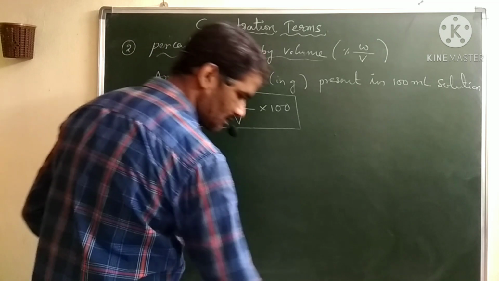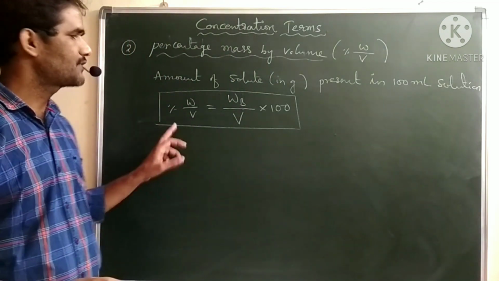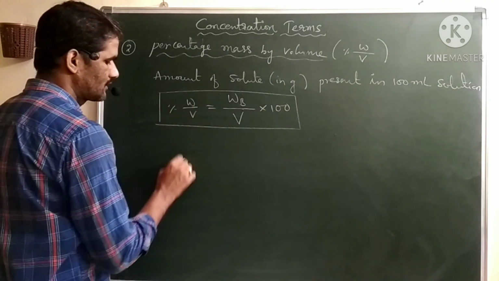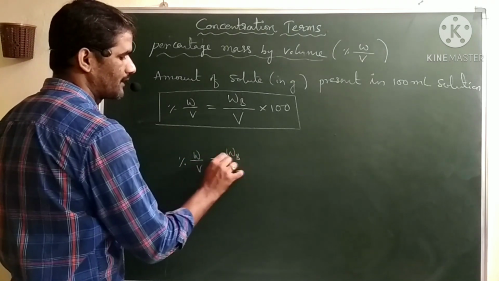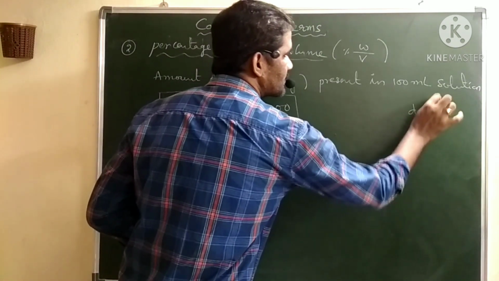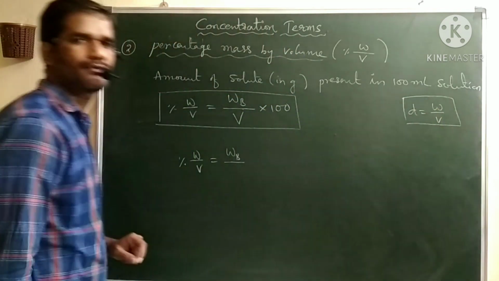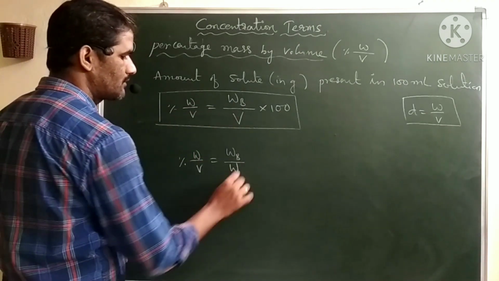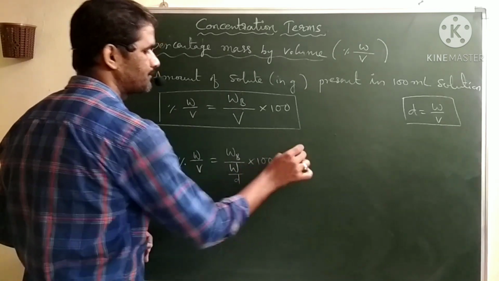And next we have one more formula for weight by volume percentage, that is the relation between weight by volume and weight by weight, which I will take further. Percentage weight by volume is equal to WB by volume. We have the relation that density is equal to weight by volume, so volume is equal to weight by density. In place of volume, we can write weight of solution by density of solution, into 100 as usual.